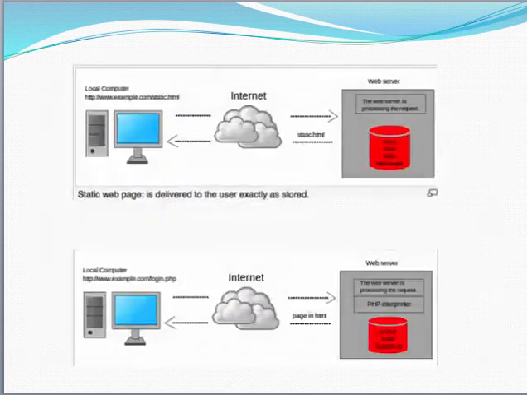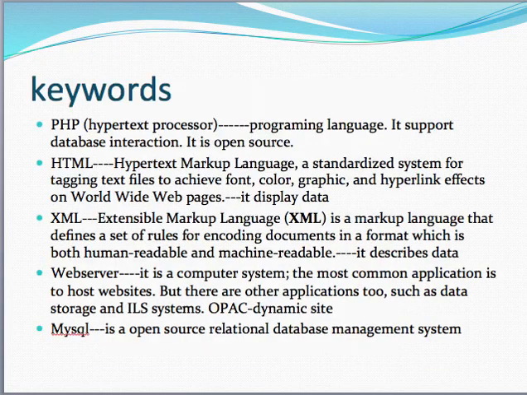Okay, and to be a dynamic website, you have to have in the back end a database run by SQL and a PHP interpreter. Okay, and MySQL is the name of an open source relational database management system.